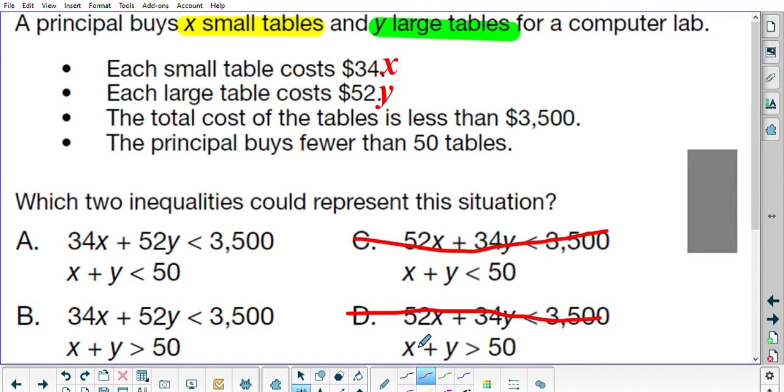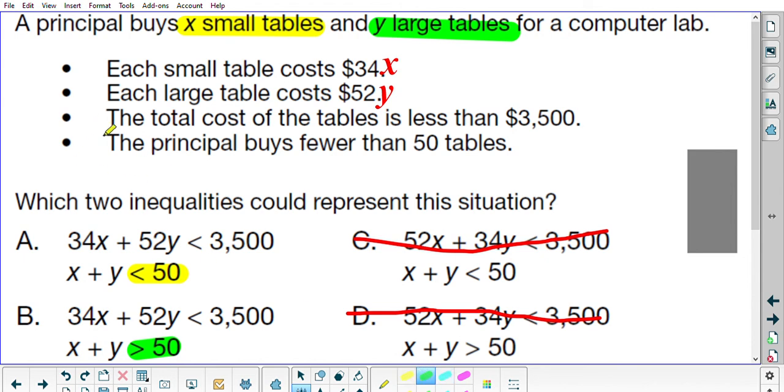And they almost look identical. But choice B's second inequality is just a little bit different, and quite noticeably different. It says it is greater than 50. The choice A version of it says less than 50. Well, which should it be?